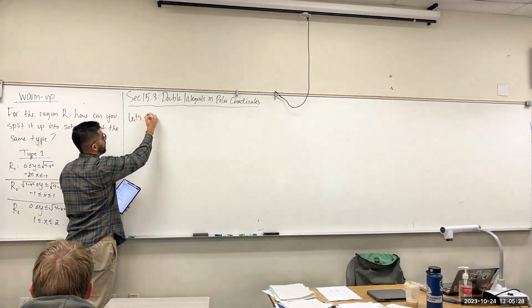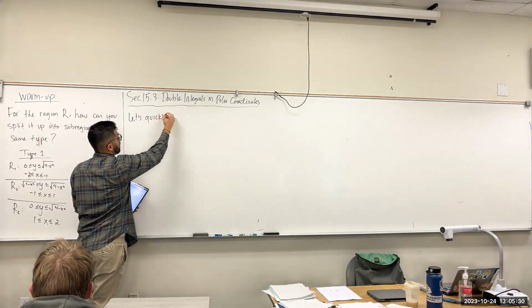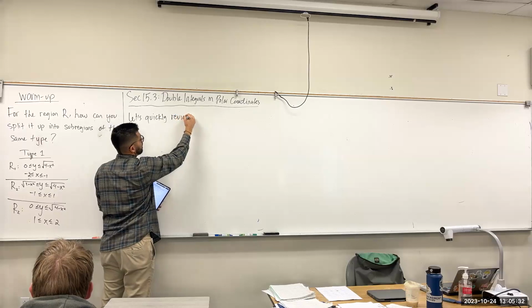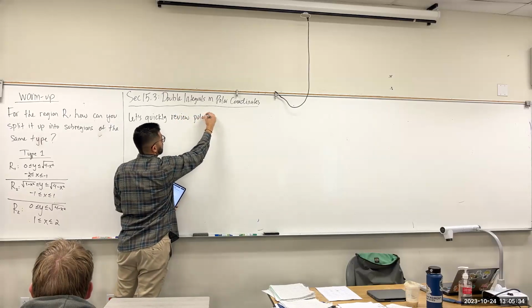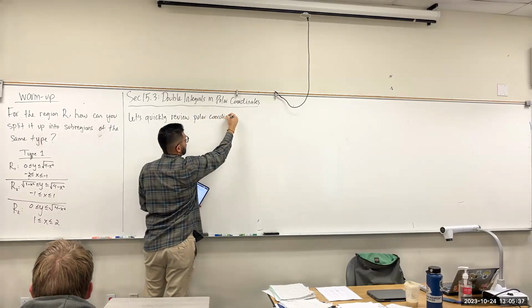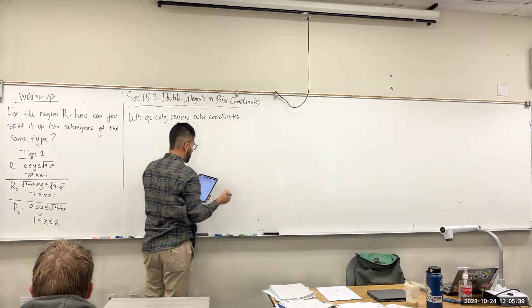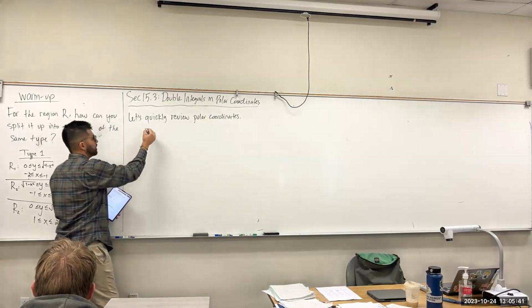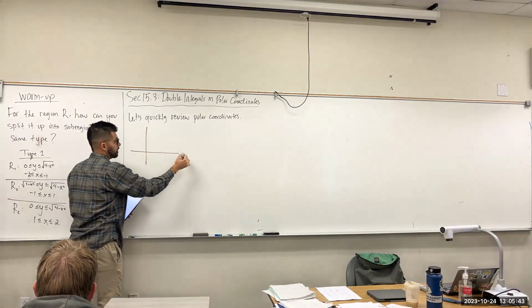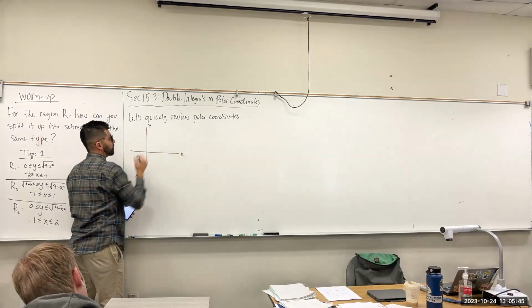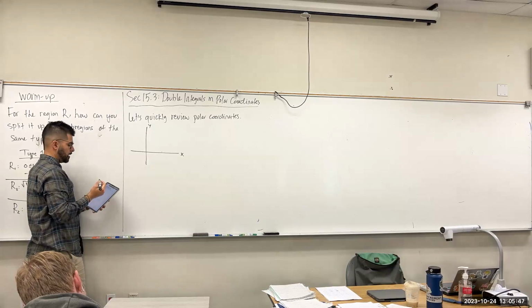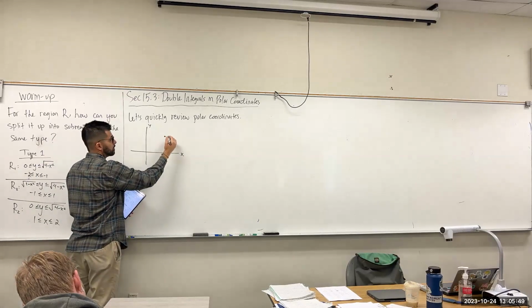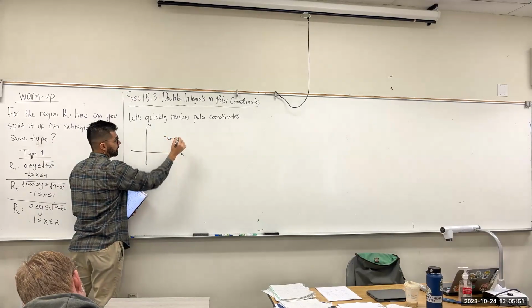So let's quickly review polar coordinates and some useful formulas that you have to remember. Visually, this still lives on the xy plane, and you have a point which has coordinates x, y.